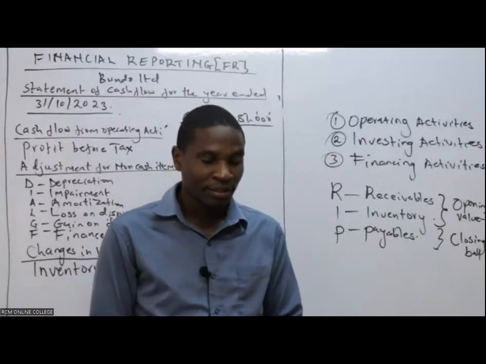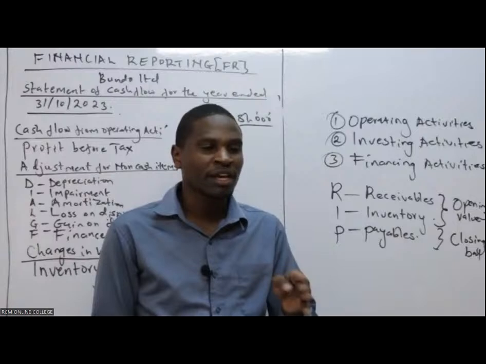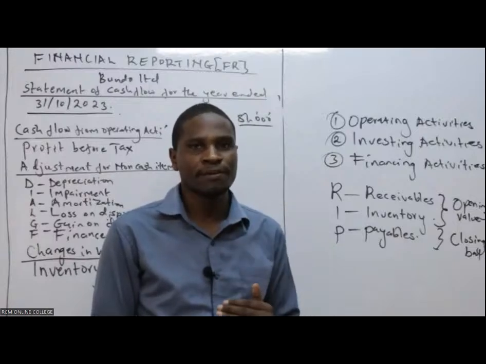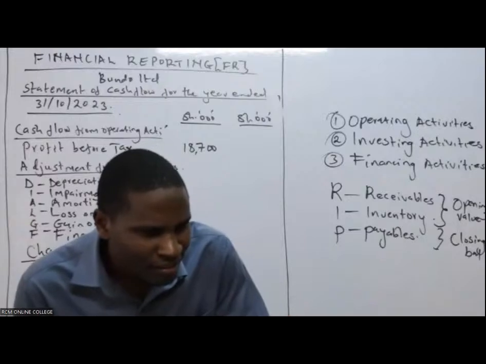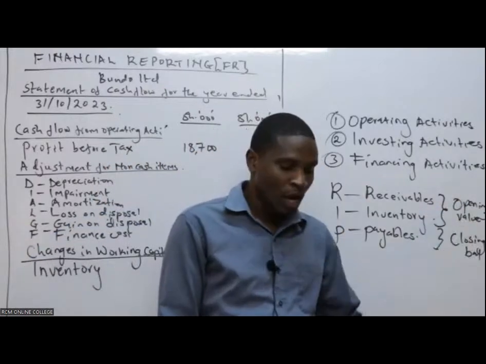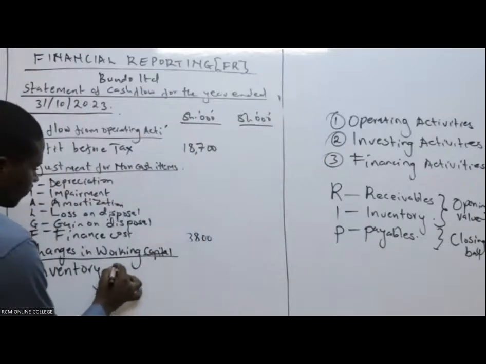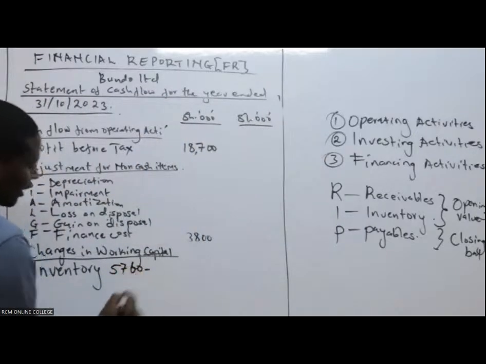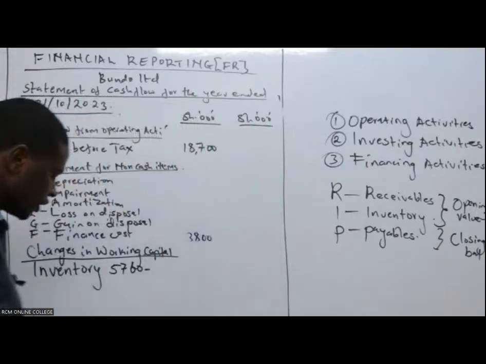You can see the first column is for the current year. So it's always good to be very keen. So we've been told by Agnes that the opening balance was 5760. So I'll just say 5760 minus my closing balance for inventory, which is 5880.